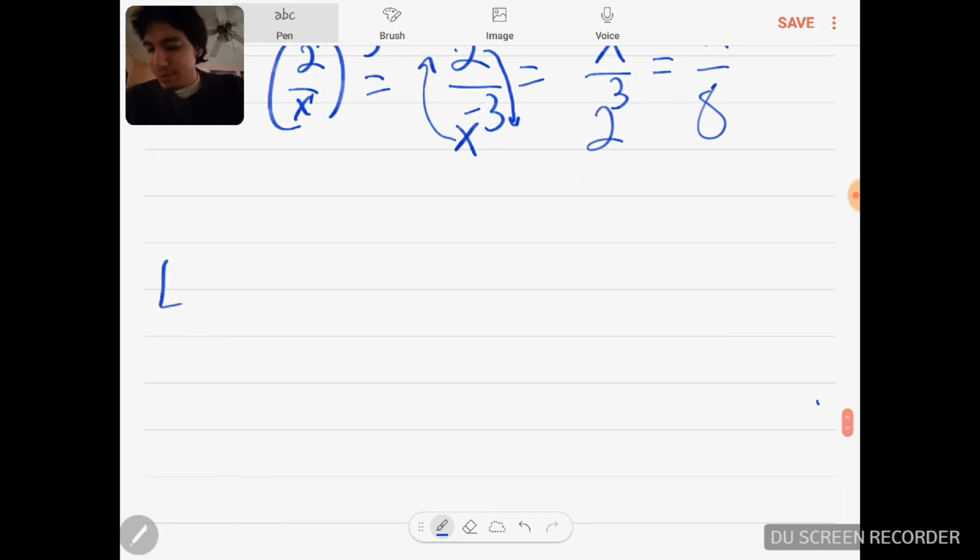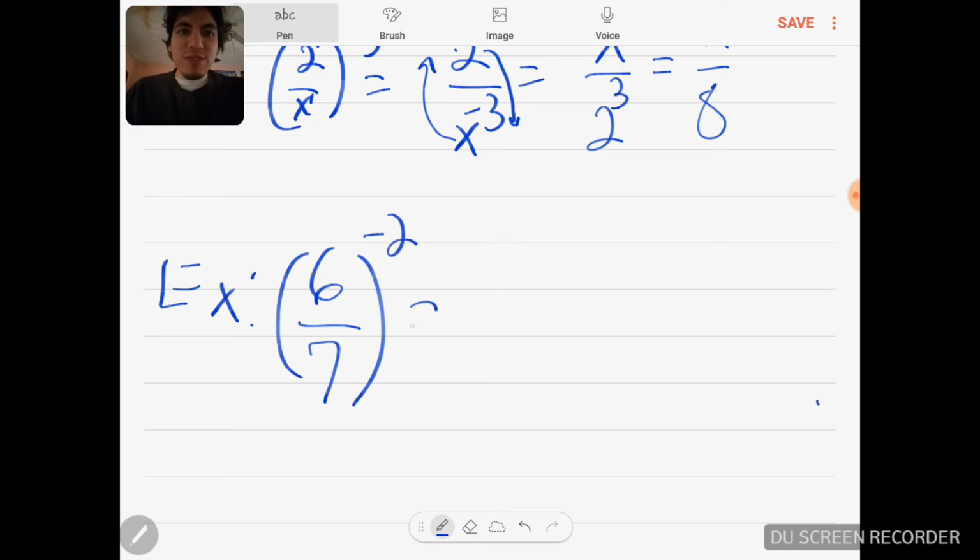Let's do another one. Just checking my notes for examples. Oh, this one's good. 6 over 7 getting raised to the negative 2 power. This becomes 6 to the negative 2, and this becomes 7 to the negative 2.